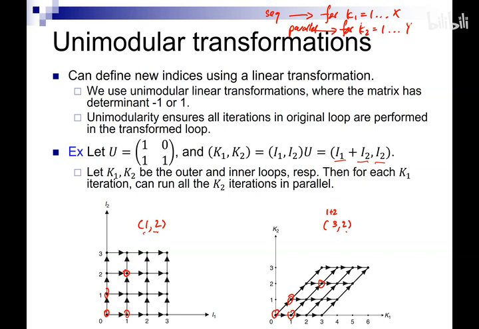Now, there are several things we need to ensure about this transformation. First of all, we need to ensure that all of the same work is being done in the I iterations as in the k iterations, so the same computations are performed. This is true because the first I iteration gets mapped to the first k iteration.